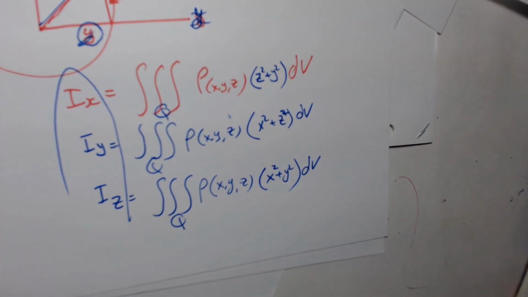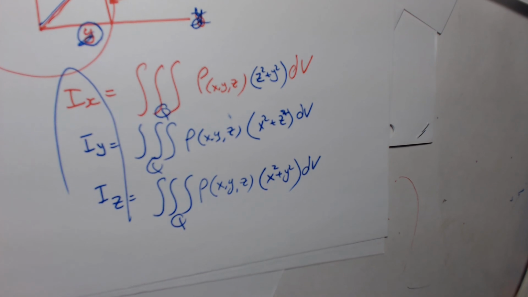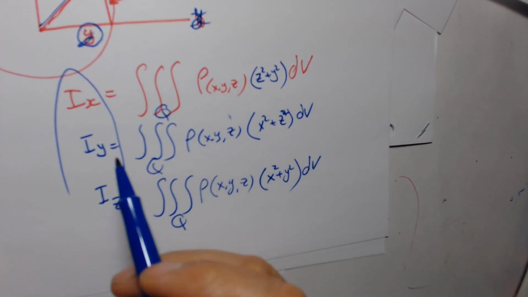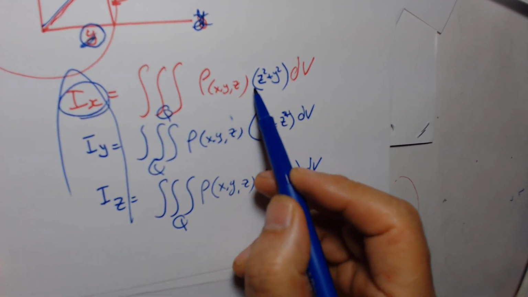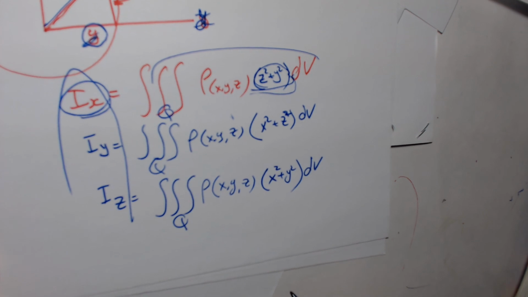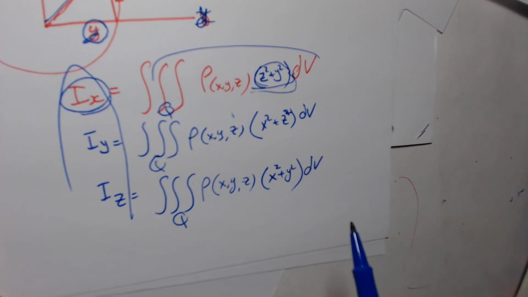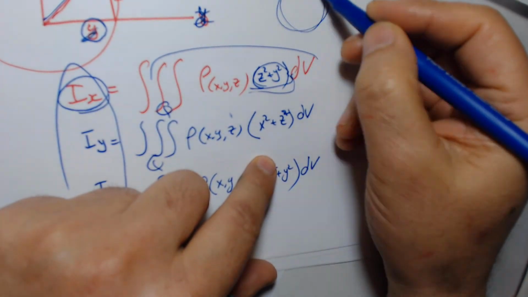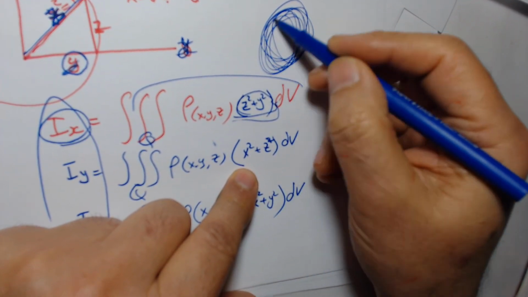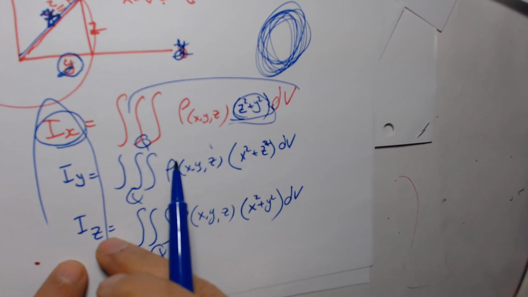I want you to understand one thing, and that is very important. In physics and engineering, the moment of inertia of a mass is used to find the time required for a mass to reach a certain angular velocity around a certain axis.